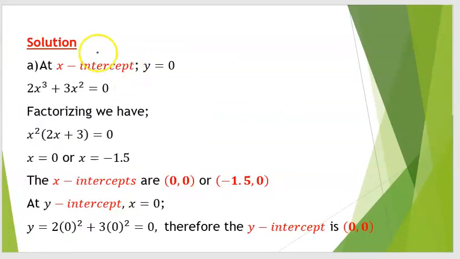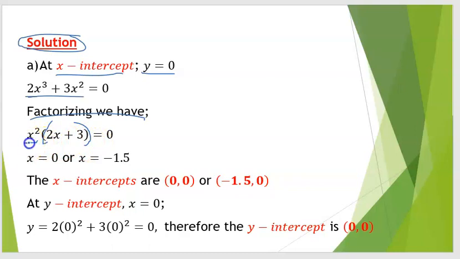Now to work under this, I'm going to provide the solution. The first question is asking about the x-intercept, and remember this, at the x-intercept y is 0. So we take that equation and equate it to 0. Then we can use factorization to get the value of x. The common term here is x squared. We factor it out, remaining with the bracket 2x plus 3.